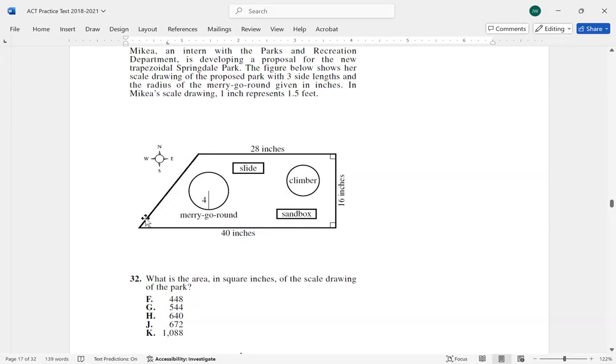40 plus the length of this side. We already saw that this side is the hypotenuse of a triangle with one side of length 12 inches, the other side of length 16 inches. So this is a right triangle with bases of 12 and 16. So I can find the hypotenuse of that right triangle for finding the length there.